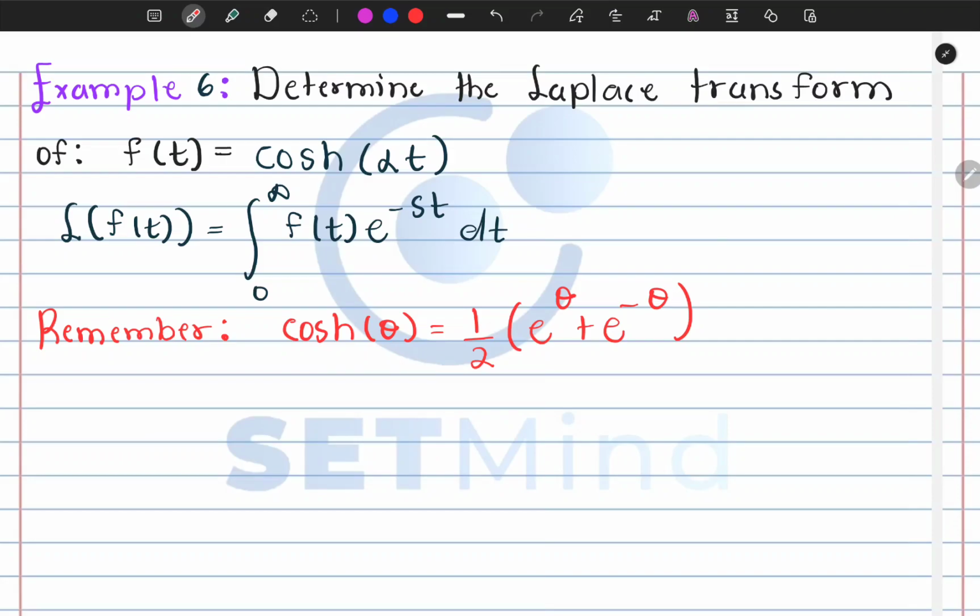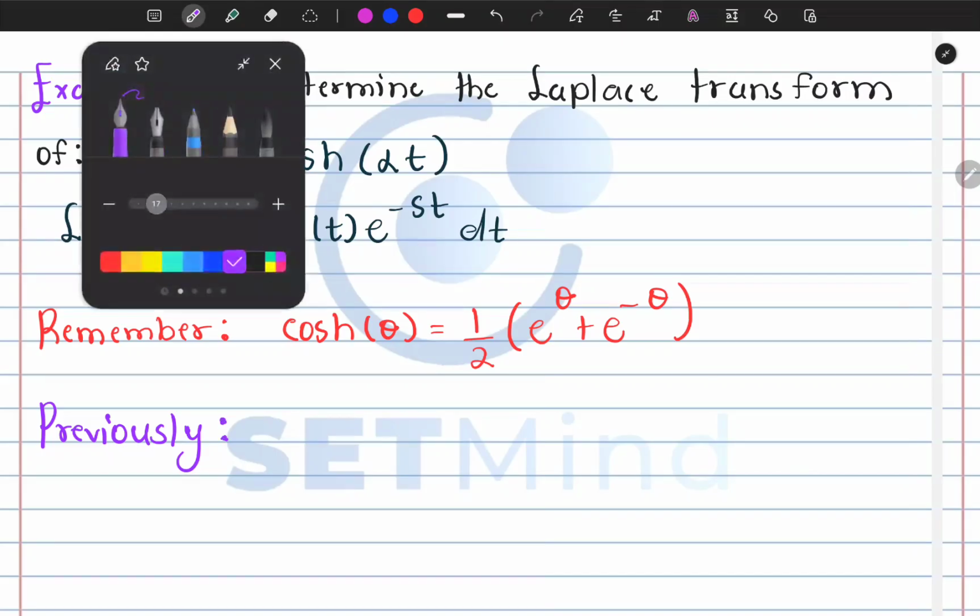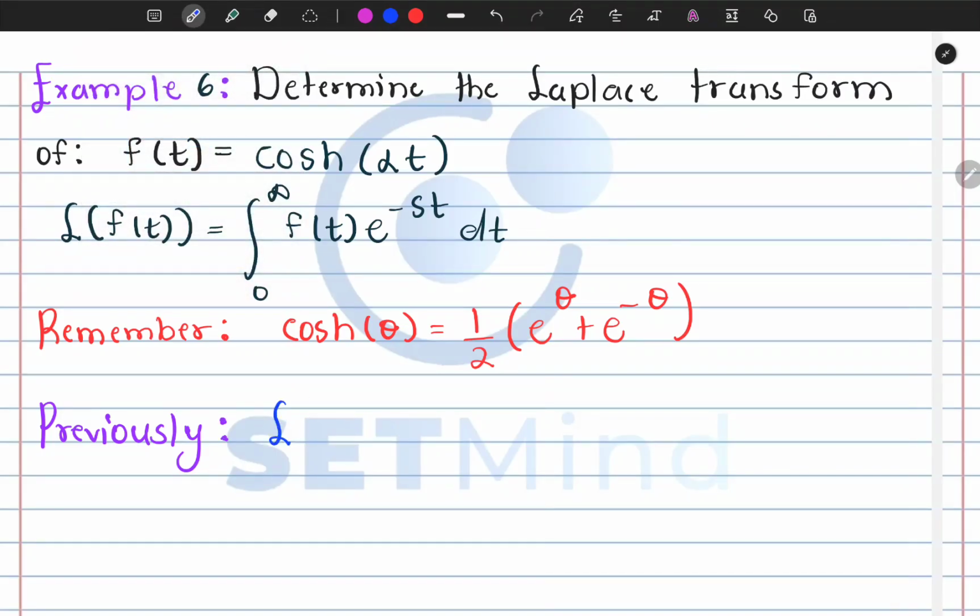We are as good as done once we get this done. And here we are going to be so smart, it is shocking. You remember that previously I did the Laplace transform of e to the alpha t with you.